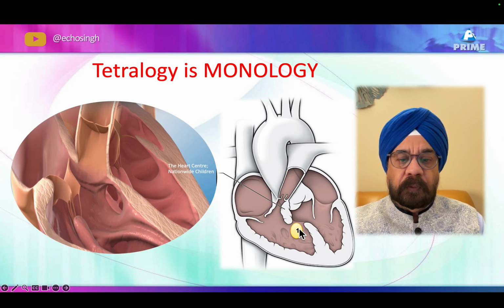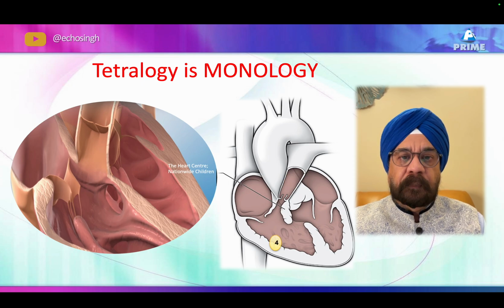Tetralogy has four components. Component 1 is ventricular septal defect. Number 2 is overriding of the aorta. Number 3 is pulmonary stenosis, and number 4 is right ventricular hypertrophy. The last one doesn't happen in the fetus, so we have 3 components. Actually, it's a single component.